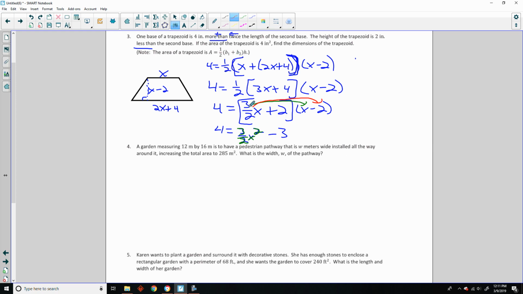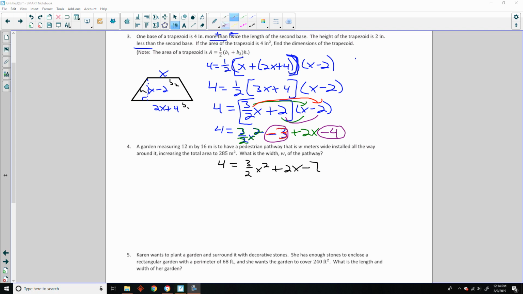Positive times a negative is negative. The numerator's left behind, so that's 3. Minus 3. And then I'm going to do the inner, which is 2x plus 2x. And then I'm going to do the last, which is positive times a negative, 2 times 2. Combine like terms. And we get 4 equals 3 halves x squared plus 2x minus 7.